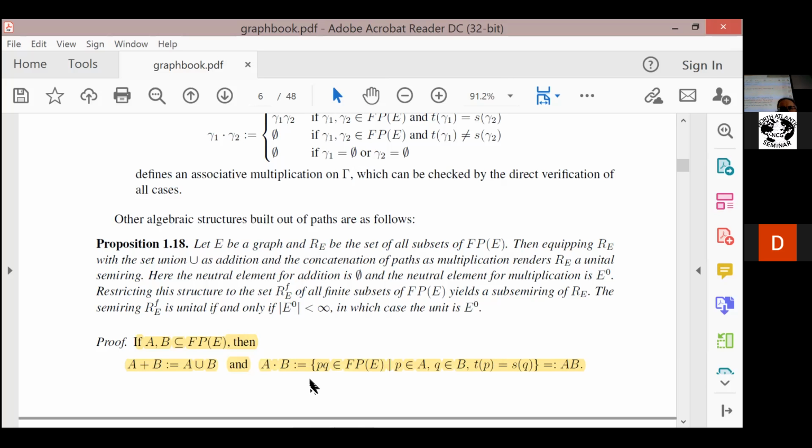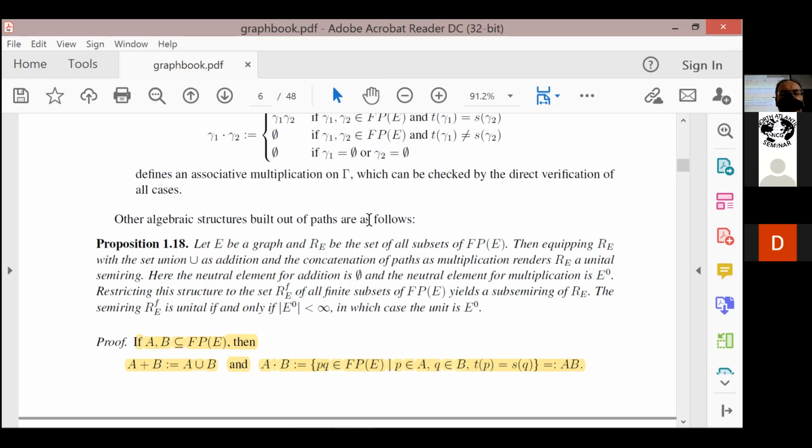Excuse me, I have maybe a question. Oh, go ahead, Adam. If we don't assume this condition that the target of P is the same as the source of Q, still using the definition of concatenation, which admits the empty set as a result, we get a correct formula. Yeah, but you see, Adam, we are not adding the empty path.